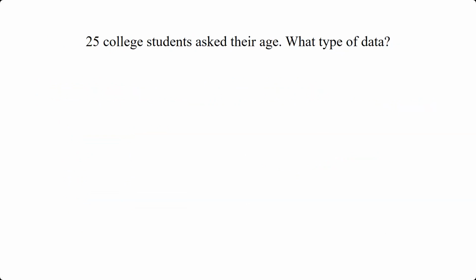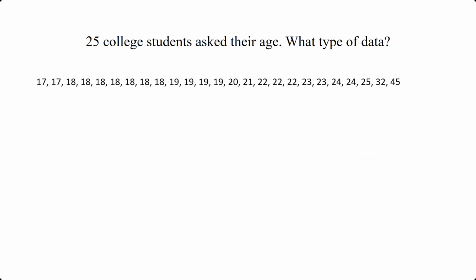25 college students are asked their age. What type of data would that be? Qualitative or quantitative? Now, discrete or continuous, the way I have it written, it looks like discrete. I wouldn't ask that on a test because it could kind of go either way. If I did, then it would just be the way you explained it.